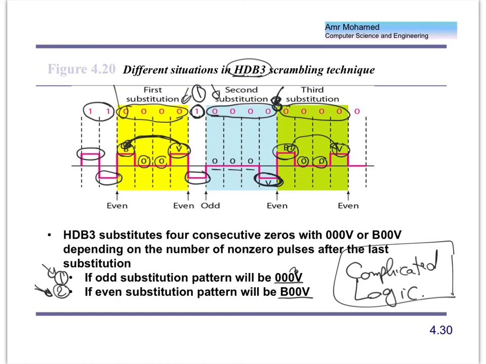In part 2, we talked about block coding. Block coding gets introduced before line coding techniques to improve the self-synchronization and the error detection. We do this by adding extra bits to the input bits to have more degrees of freedom to avoid the consecutive ones and the consecutive zeros.